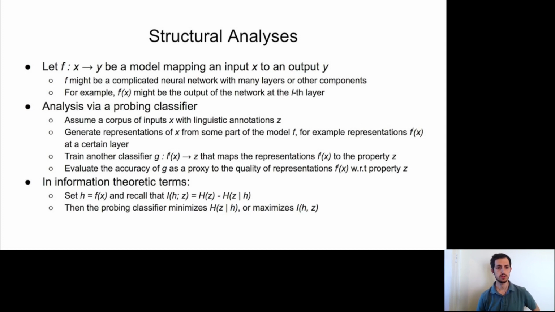Then when we are training a probing classifier using a cross-entropy loss, for example, what we try to do is to minimize this conditional entropy of Z conditioned on the representation H. Or in other terms, we actually maximize the mutual information between H and Z. So what a probing classifier does is it tries to maximize the mutual information between some representation, an internal representation potentially called H, and a linguistic property, an external linguistic property, Z. And we'll come back to this information theoretic framework a little bit later.